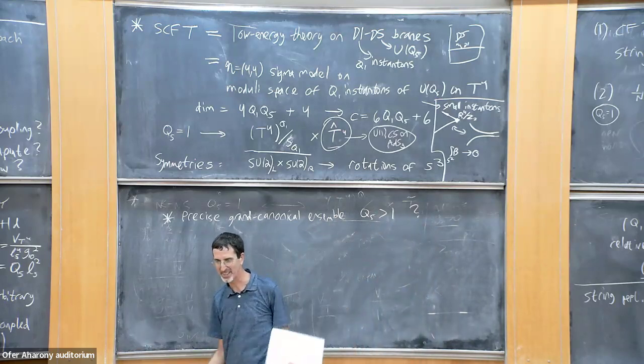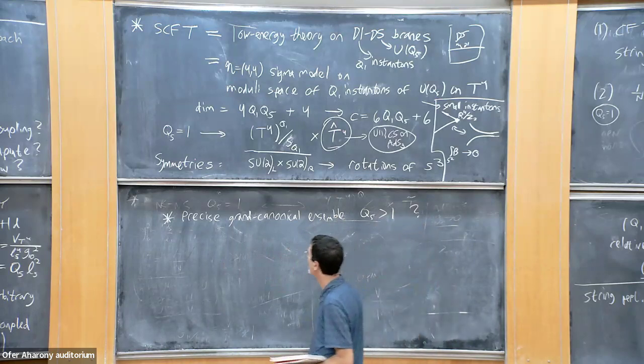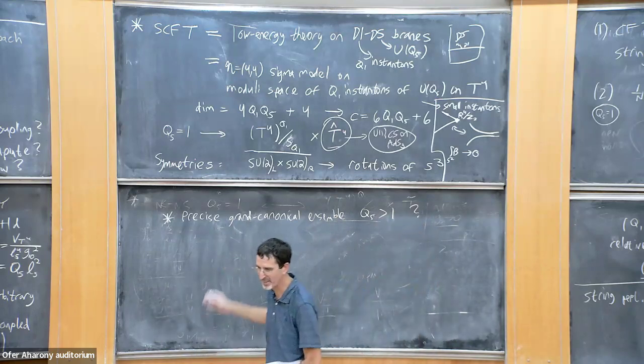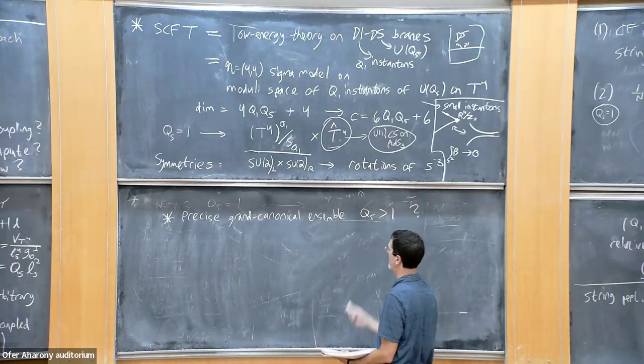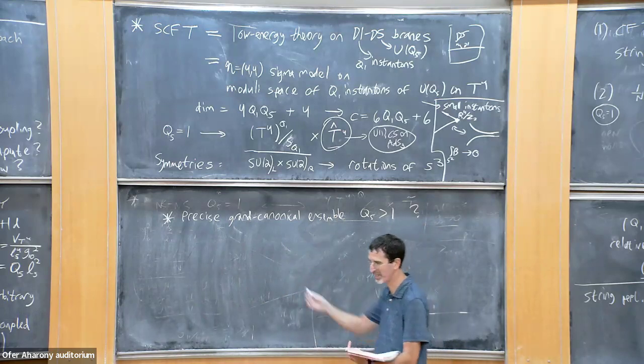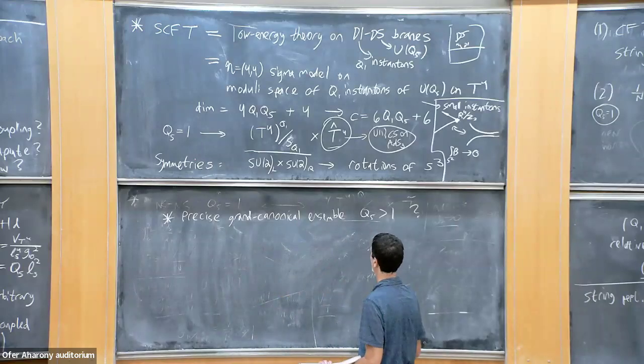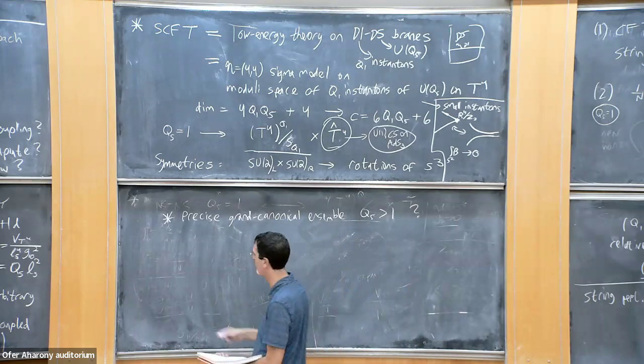It's not clear what the answer to that is. In principle, if we did sophisticated enough computations in string theory, we should be able to map them and see exactly what they map to. But of course, for Q5 bigger than 1, it's not a free theory anymore, so it's much more difficult to compare the two sides, but there should be some well-defined answer to this question.